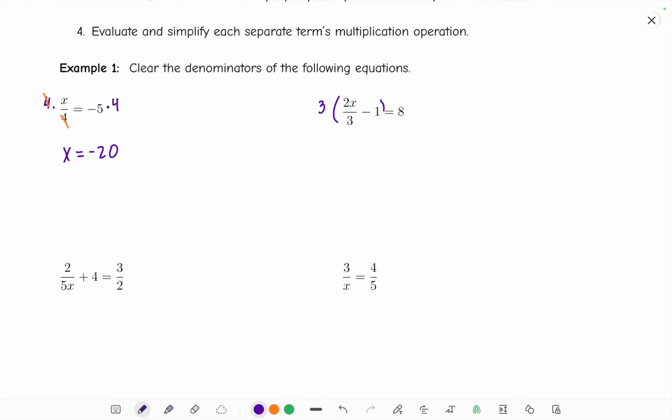Remember, when you multiply by 3, you have to multiply the entire side by 3. So on the left-hand side, we get 3 times 2x over 3 minus 3 times 1 equals 3 times 8. So then the 3 cancels out with the fraction. We're left with 2x minus 3 equals 24. Now there's no more fraction.